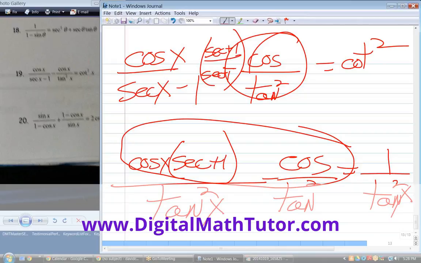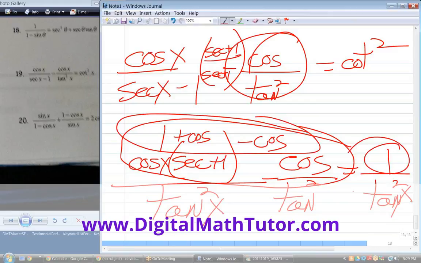What's cosine times secant? What's secant? It's 1 over cosine. So cosine times secant is 1. Yeah. So this becomes 1 plus cosine minus cosine. That becomes 1. Our denominator is already tangent squared.